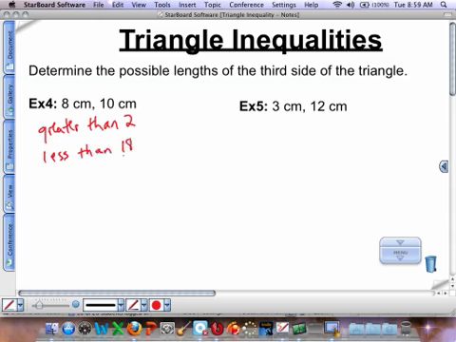And think about it, if I chose my side to be 19, 8 and 10 would be my two smaller sides. So 8 plus 10 is 18. Is that sum greater than or less than 19? Less than. So we can't use 19.